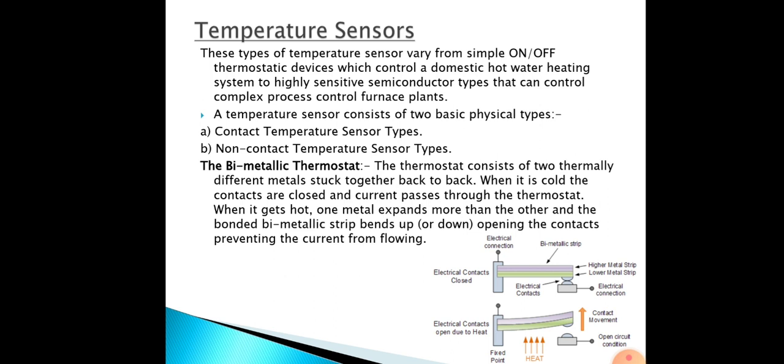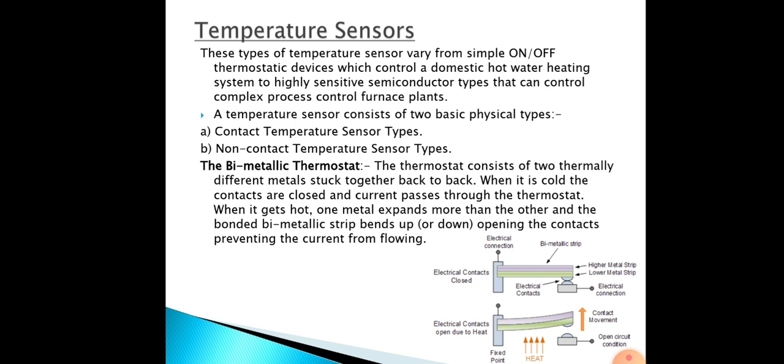In this, the thermostat consists of two thermally different metals stuck together back to back. When it is cold, the contacts are closed. You can see in the upper diagram, when it is cold, the bimetallic strip and the electrical connection are closed. Then when it gets hot, when heat is applied to the bimetallic strip, one metal expands more than the other and the bonded bimetallic strip bends.